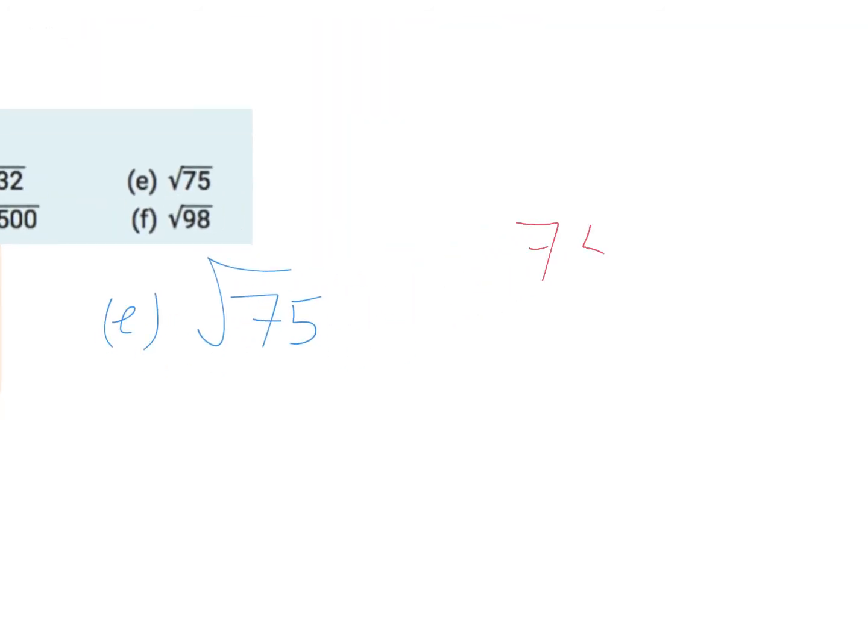We can split 75 up into 1 times 75. 2 doesn't go into it. 75 does divide by 3, I'd say. So 3 times 25. 5 goes into it. 5 times 15. Right, so I think they're all the factor pairs.